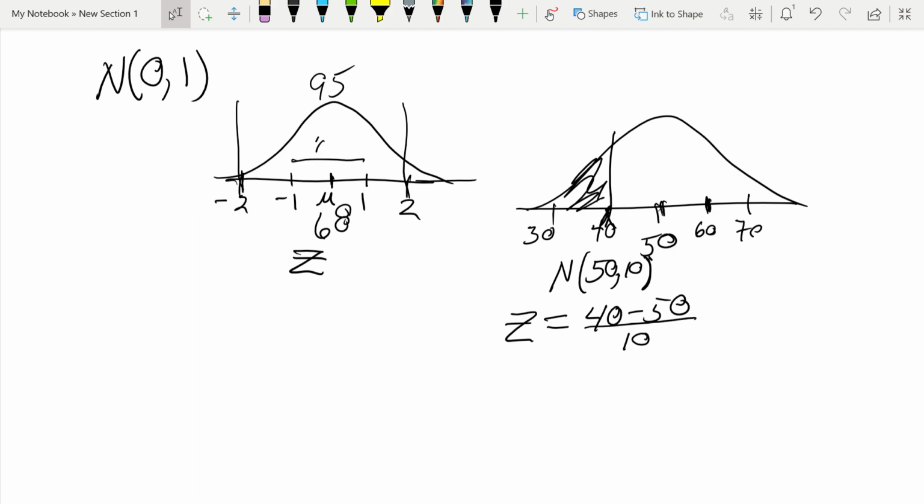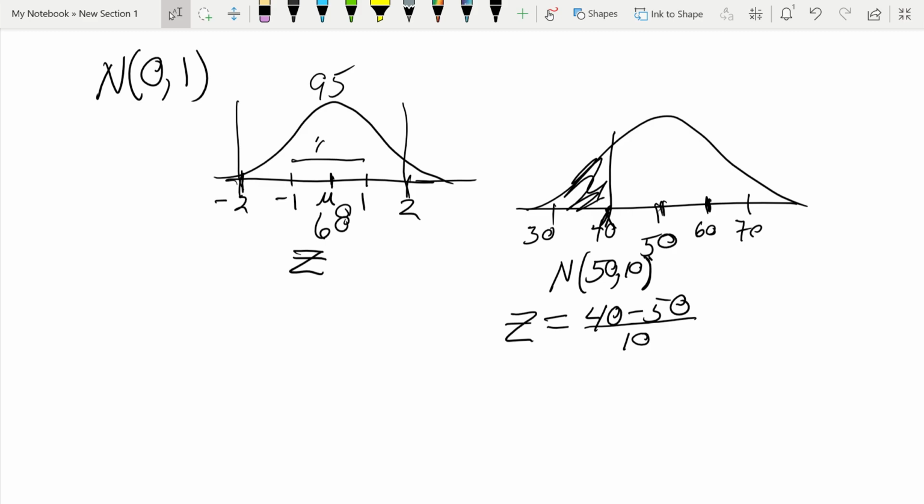Right? The reason we have the standard normal originally was that we only had one table, because every time the mean and the standard deviation changed, you had to have a new table. So if I wanted to know where 40 was, I would standardize it, look it up in the standard normal table, which never changed, and then I can convert it back. So all of these things depend on which way you're looking at it.